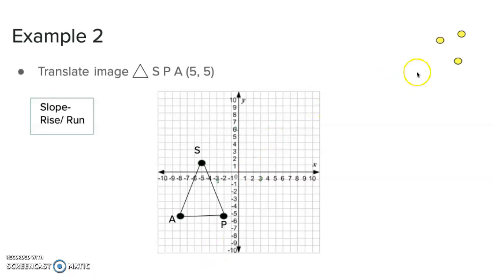Now I'm going to use these points I have here on the right and use them to plot SPA, the translated new image. I'm going to drag it over here, and I'm going to go 5 up and 5 to the right.